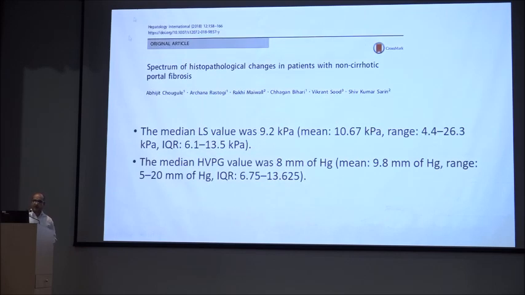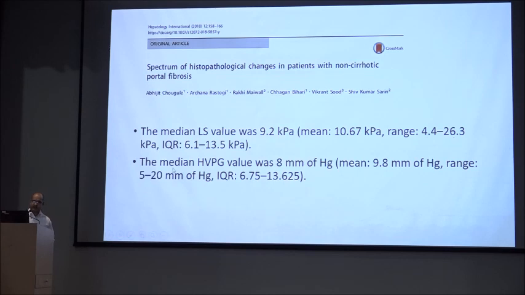And now, certain things related to outcome with certain histological features. Before going to that, in the previous study where we highlighted the spectrum of NCPF, the median LSM value was 9.2 and the range was 4.4 to 26.3.